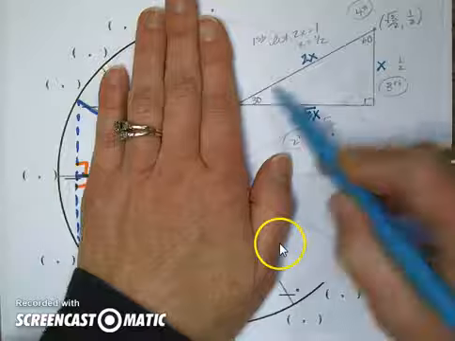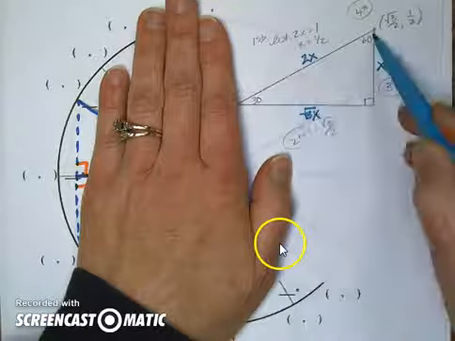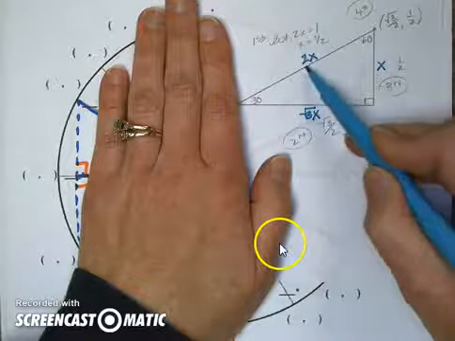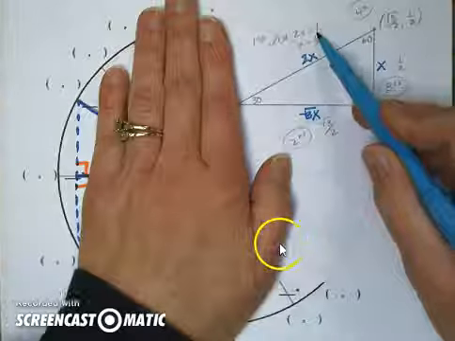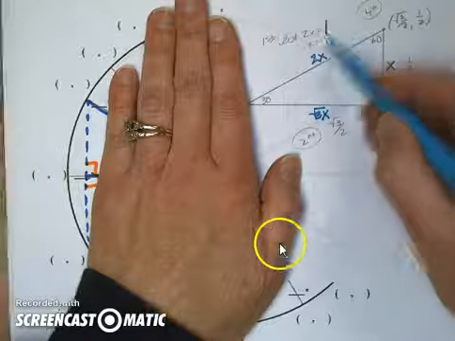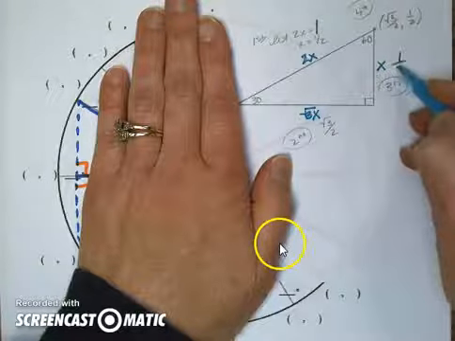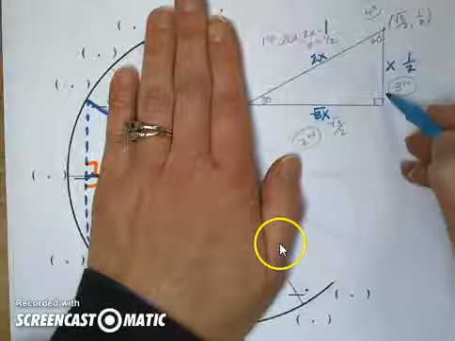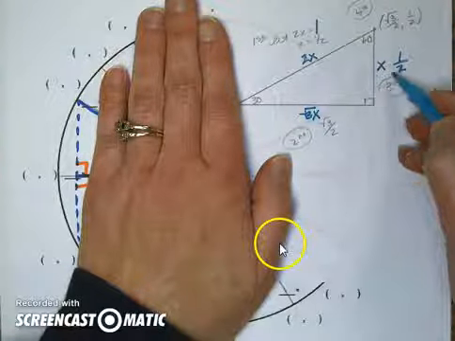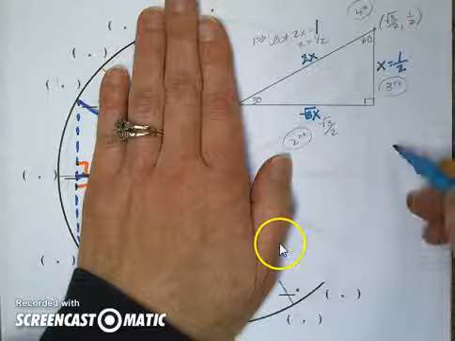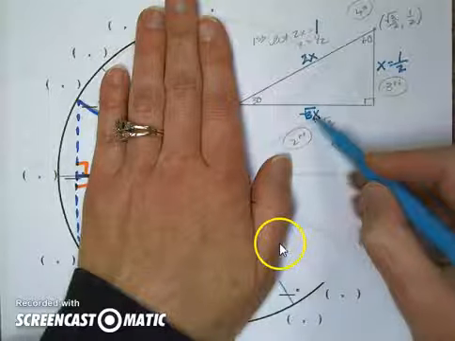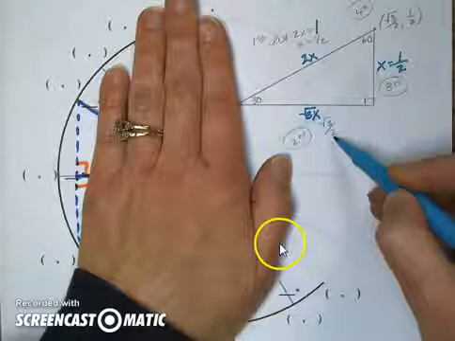That means my radius is 1 unit. So if I have 2x equal to 1, then x is equal to 1/2. That makes my y value 1/2 right here. If x is 1/2, then this adjacent side would be square root of 3 over 2.